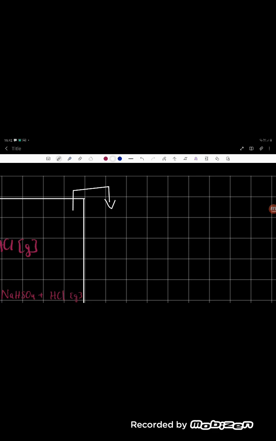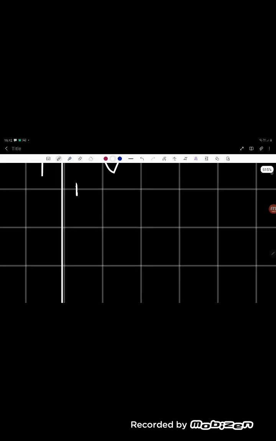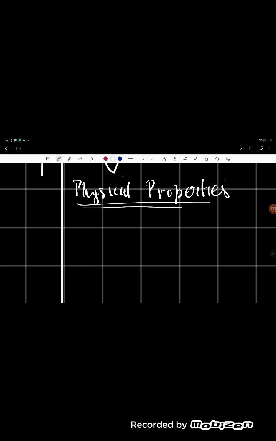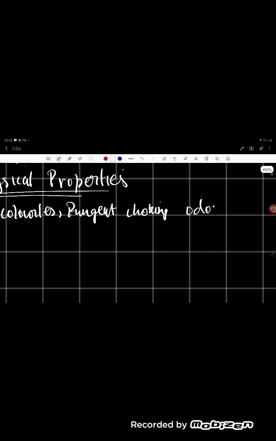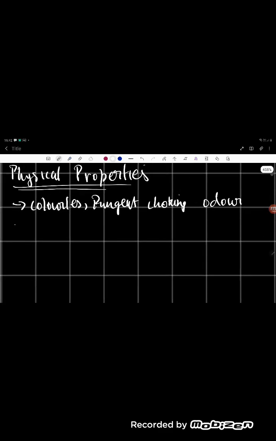Now let's talk about physical properties of HCl. Under properties we'll talk about physical properties first, and then chemical properties of HCl. So HCl is colorless, with a pungent, choking odor, and it is heavier than air.